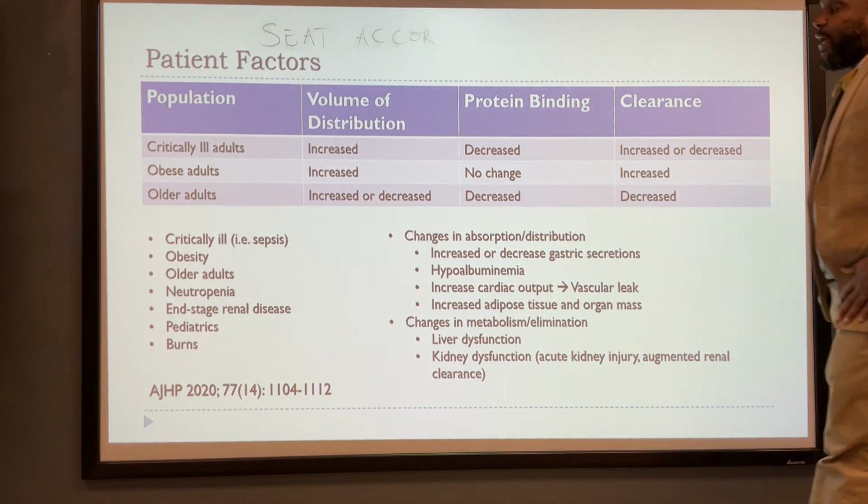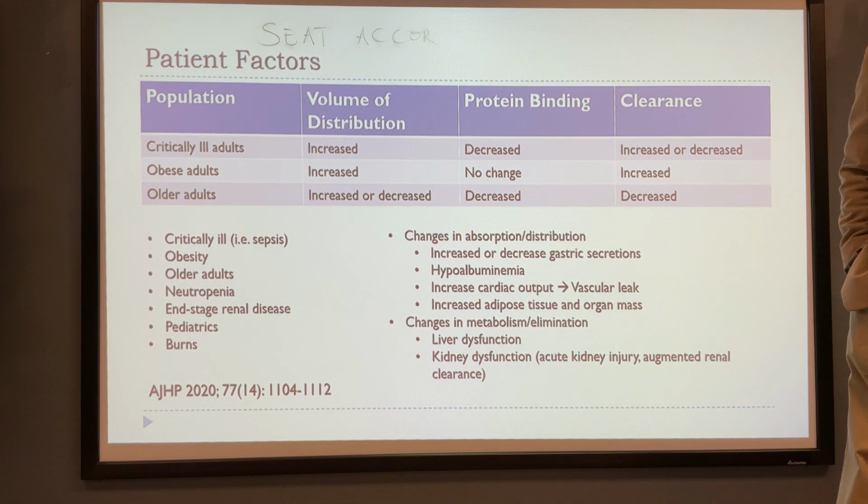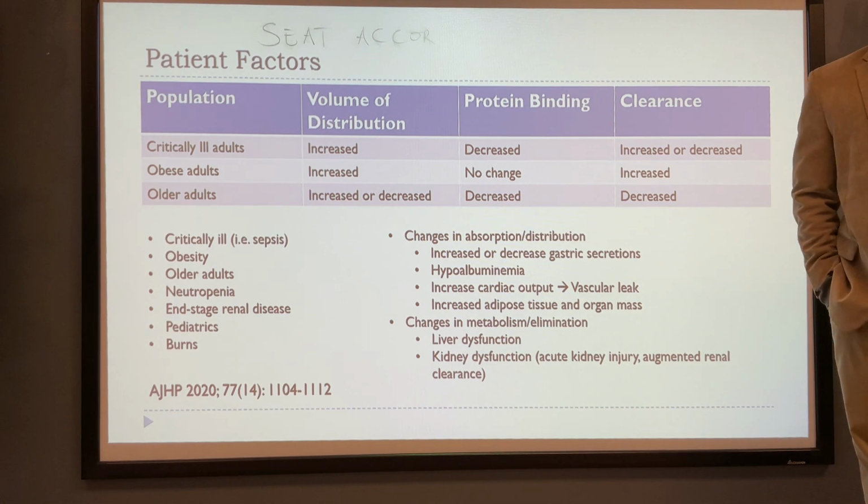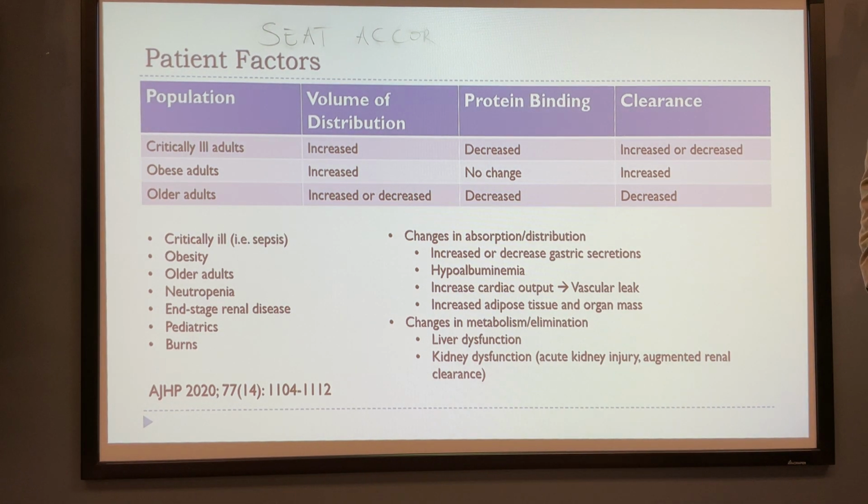Critically ill patients typically have a decrease in protein binding. Why do you think? Because protein is in the urine? Protein is not supposed to be in the urine.